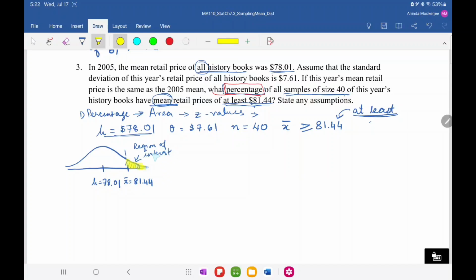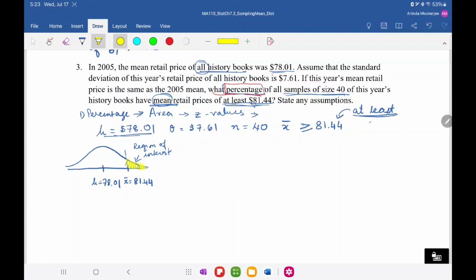Now, given that we have shown our normal curve with the actual values, we now have to find the z values, because we have to go to a table to find the area. However, our z table, if you recall, does not work with actual values. It only works with z values. So we have to calculate the z with reference to the mean of 78.01, the X bar value 81.44, and the standard deviation value given to us, as well as n.